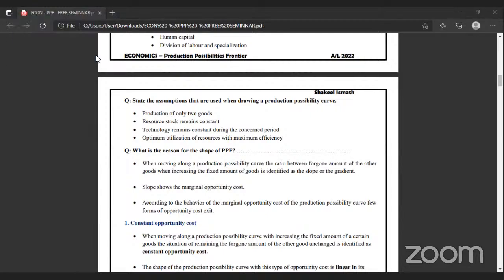Oh my God. Give me a few seconds, because it suddenly got stuck. It's loading. But I hope you can see my screen and you can hear me.